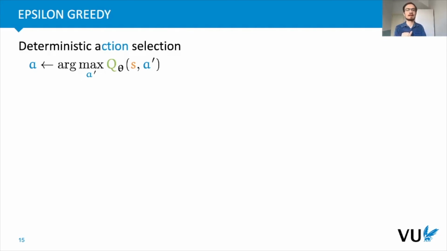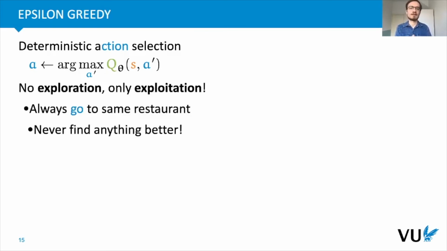There's one problem with this algorithm, which is that we always take the same action while we execute this, right? Because we select just the action that maximizes this Q function, the estimated Q function. But is that such a good idea? Well, not really. Why is this? It's basically like this.